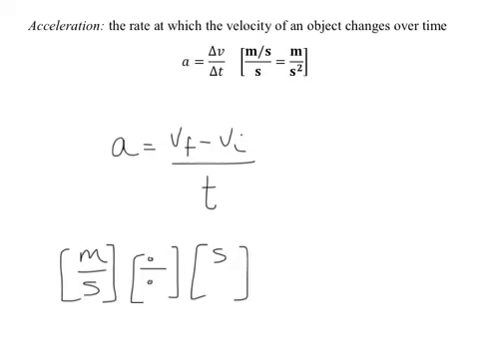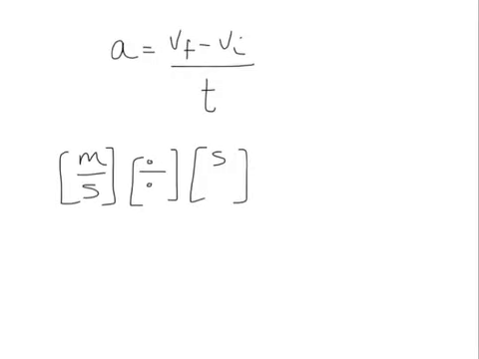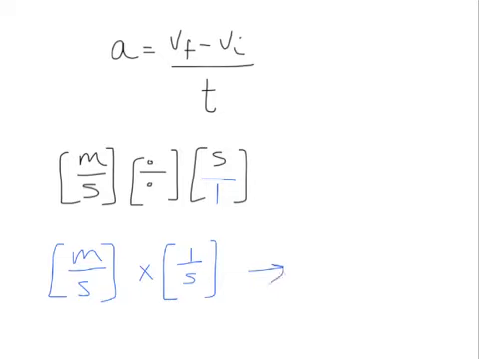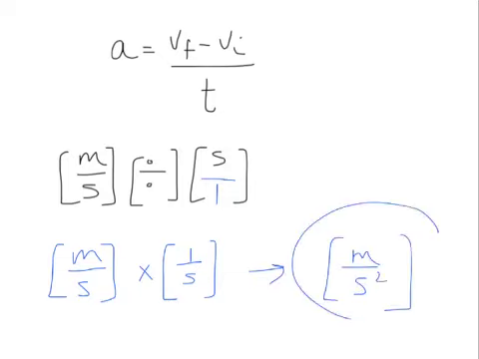So instead of doing that, we can write it as the following. Seconds are really over 1, so the reciprocal will be 1 over seconds, which is what gives us meters per second squared as our units for acceleration. The units will always be length per time unit squared. Again, some length like meters, centimeters, feet, over some time unit squared, like second squared, minute squared, hour squared, any of them.